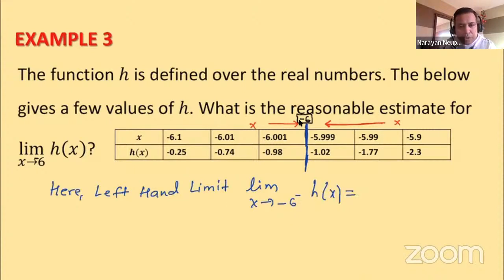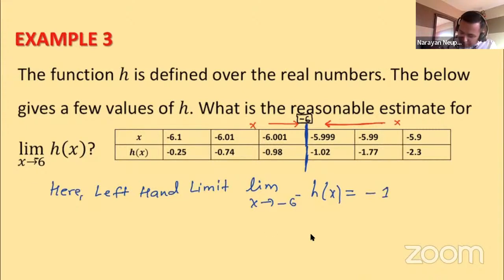As x approaches -6, what happened to the value of the function, h of x? -0.25, -0.74, -0.98. You can see that these values are approaching -1. So the left-hand limit is -1.